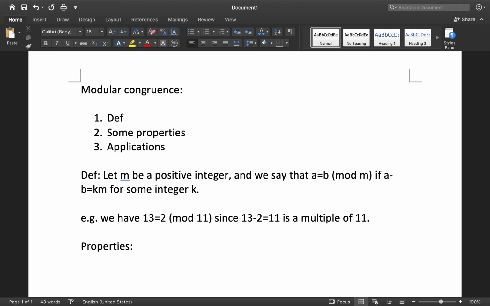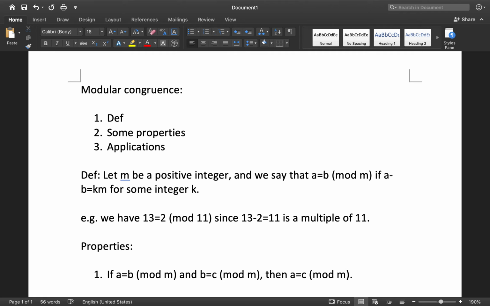Number one: if a is congruent to b modulo m, and if we have another pair, b congruent to c modulo the same integer m, then in fact we have a congruent to c modulo m as well.